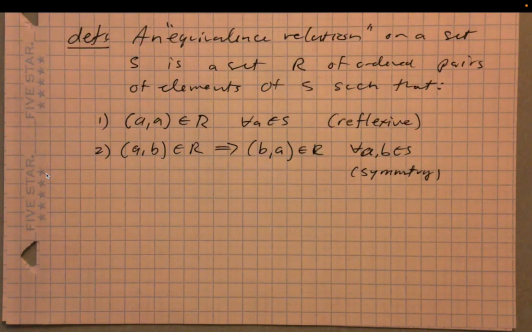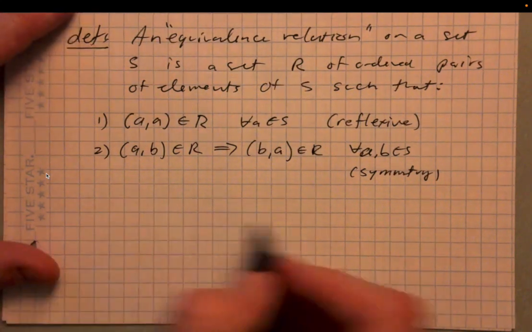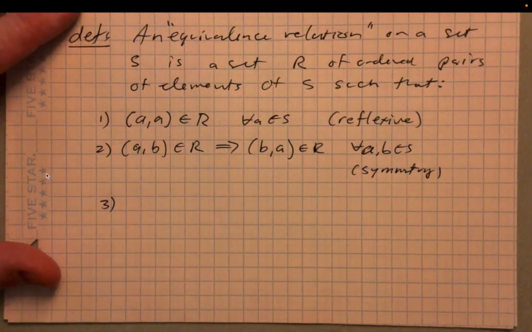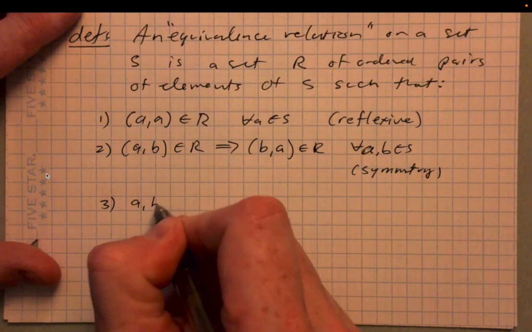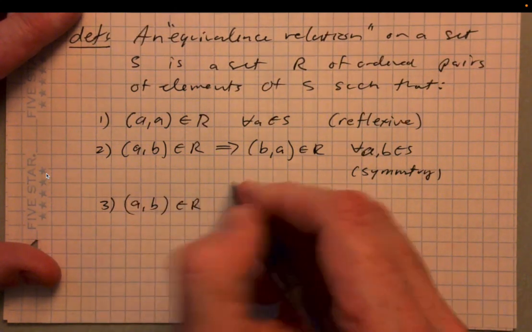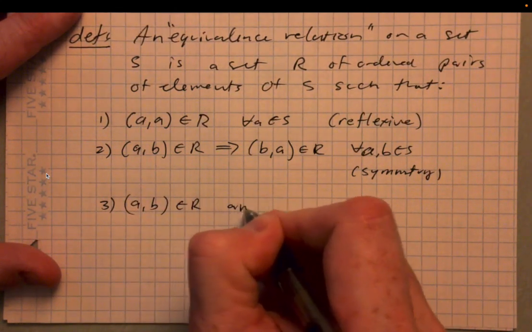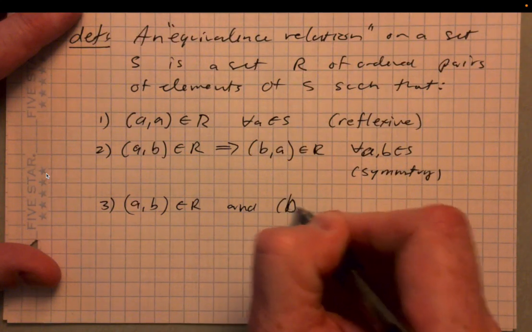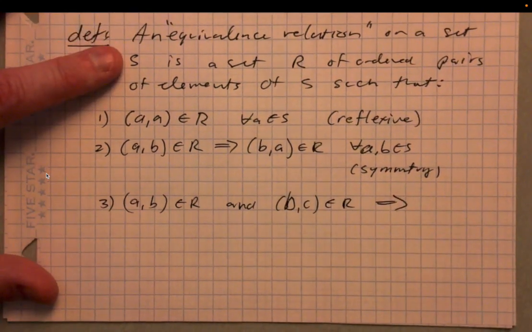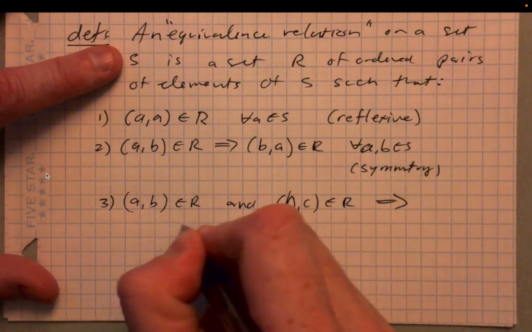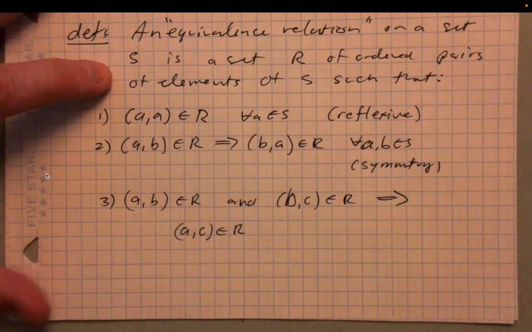All right, and the third item is that if (a, b) is in the relation, and if (b, c) is in the relation, then that's going to imply that (a, c) is in the relation as well.